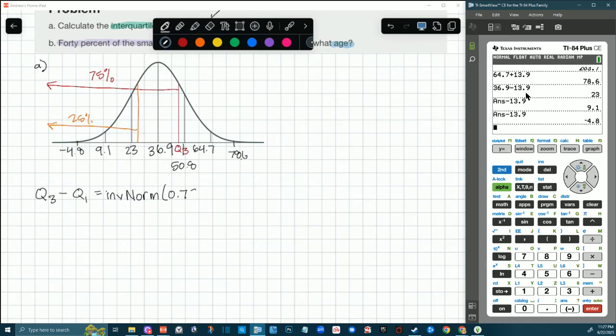Area to the left is 0.75. Mean is 36.9. Standard deviation is 13.9. And then minus, and then I'm going to do the inverse norm call for Q1, which is 0.25, 36.9, 13.9.